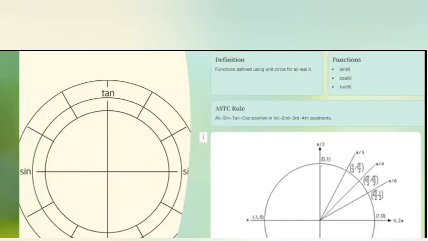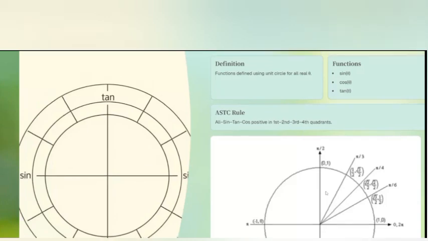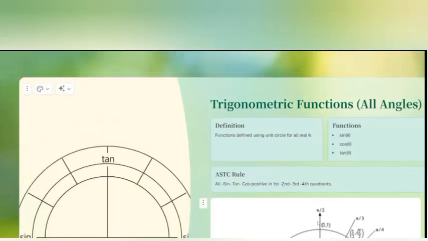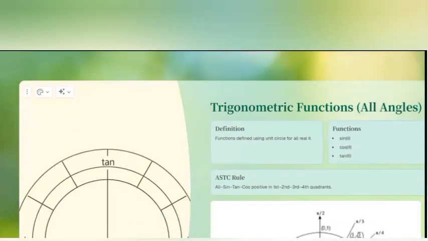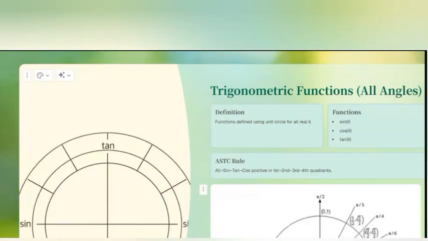Now we know that a full circle is 360 degrees, right? And 360 degrees in radians is 2 pi. When we break that full circle into parts, we start to come across different angles, right? It's not complete again. And so this is where trigonometric functions come in.